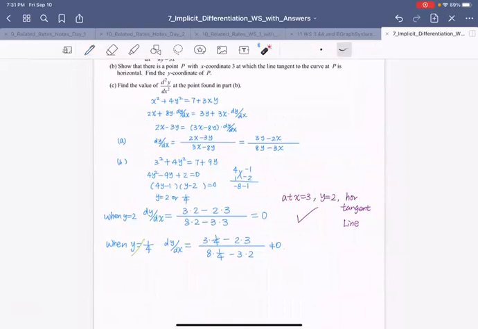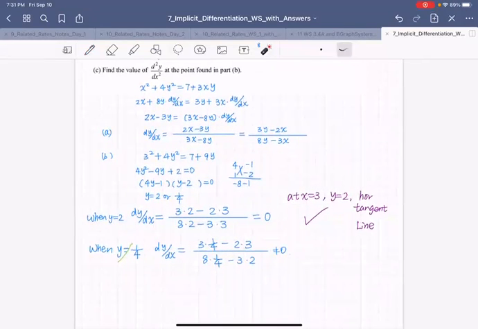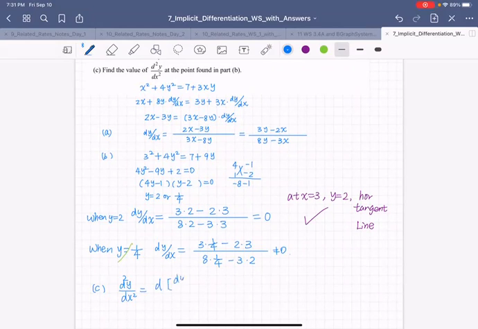One more step. We want to find the second derivative, okay? Let's try this one. This part is a little bit challenging, but I believe you can do it. d squared y over dx squared is d of dy over dx, over dx.